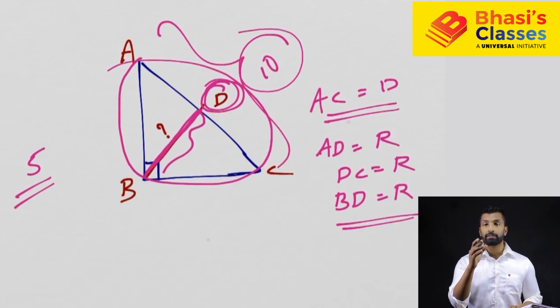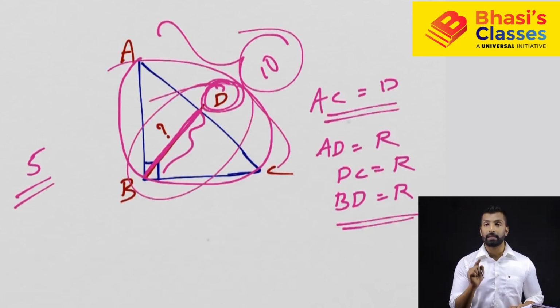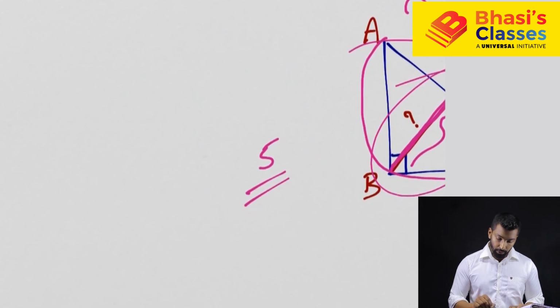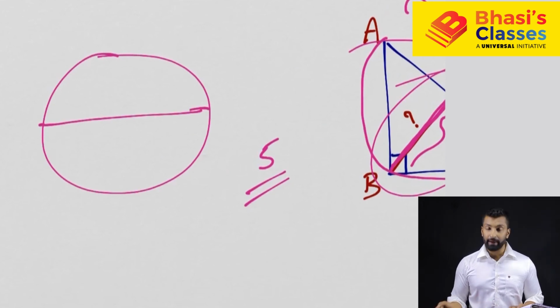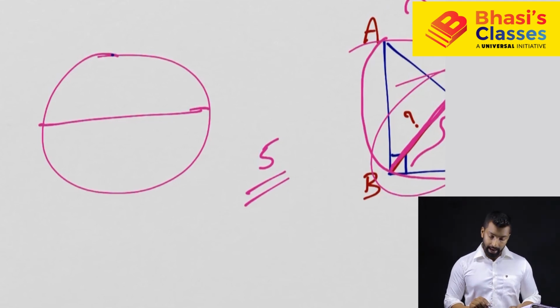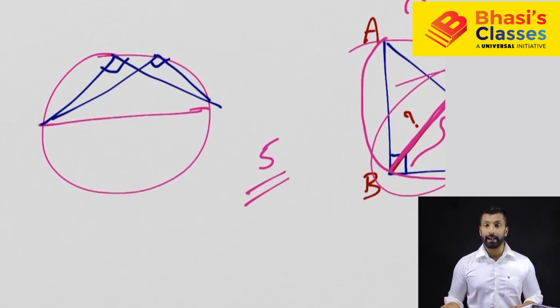So the radius will be half of the hypotenuse. That is the property. So here BD is nothing but the radius itself. Otherwise, you can also relate it to one property that you will be learning later, which I'll discuss in short. If this is the diameter, and you draw any angle touching any part of the circle, that will be 90 degrees.